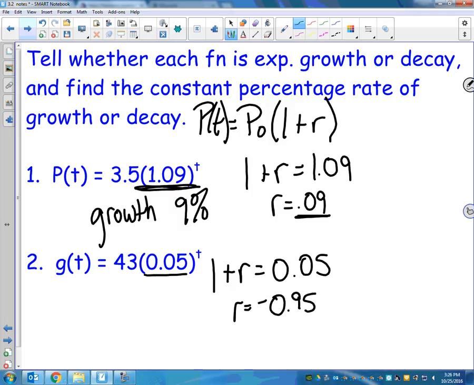So since that's a negative r value, or because our base is less than 1, that's going to be a decay function. And that's a 95% decay rate. That population's not doing so well. Real quick, I don't think you need to say negative 95% because you say decay, it's implying that it's negative.